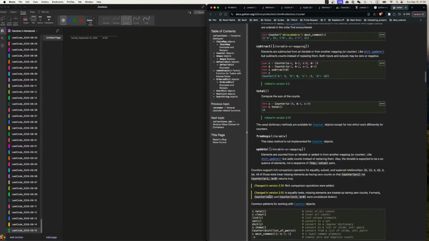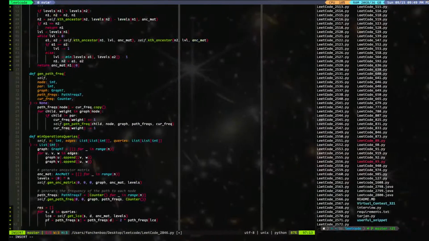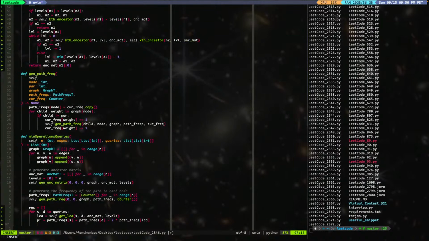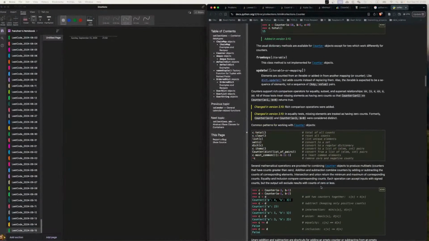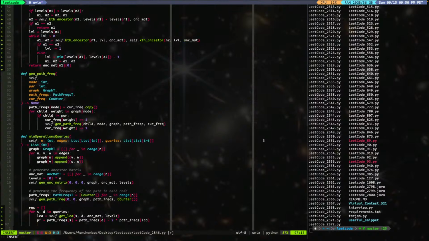The documentation mentions rich comparison operations, but there are different things. I didn't really say multiplication, and I'm not even sure if I can do multiplication.